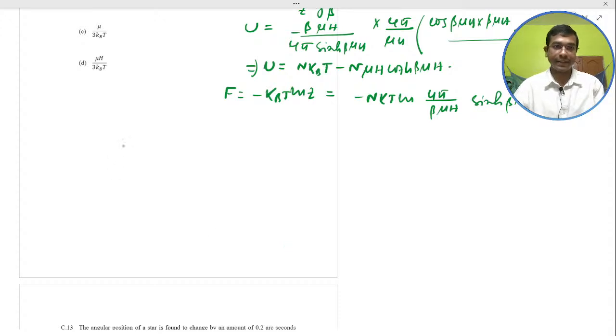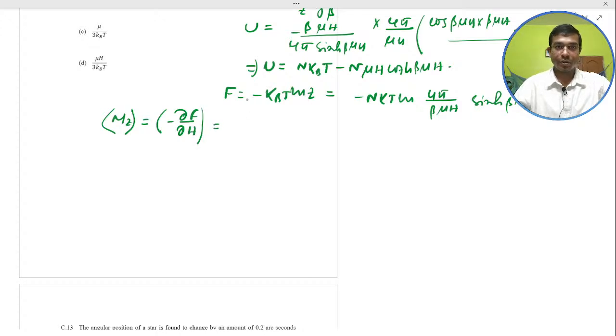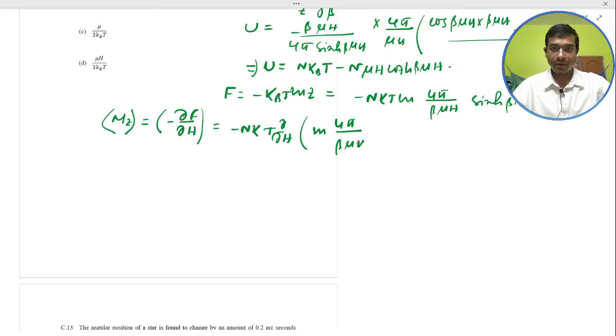So you have to find the magnetization in the z direction. Then you should find the value of chi. So it becomes −∂F/∂h, simply do the derivative: −nkT ∂/∂h of [ln 4π − ln βμh + ln sinh βμh].